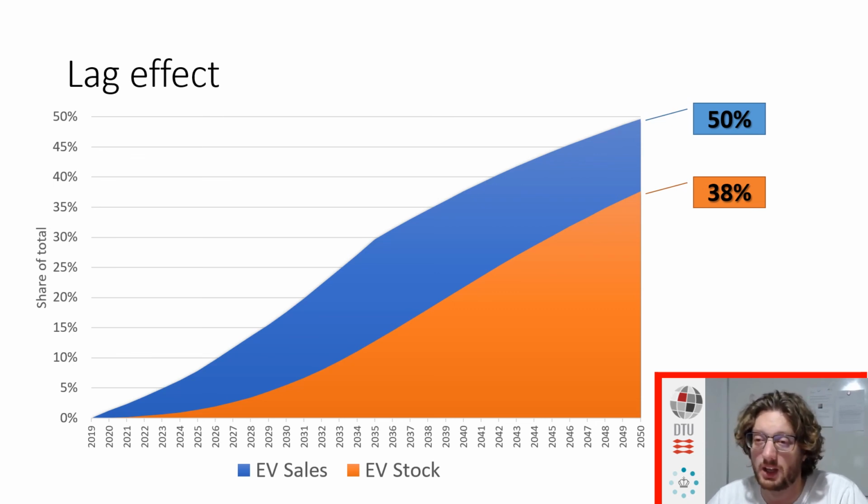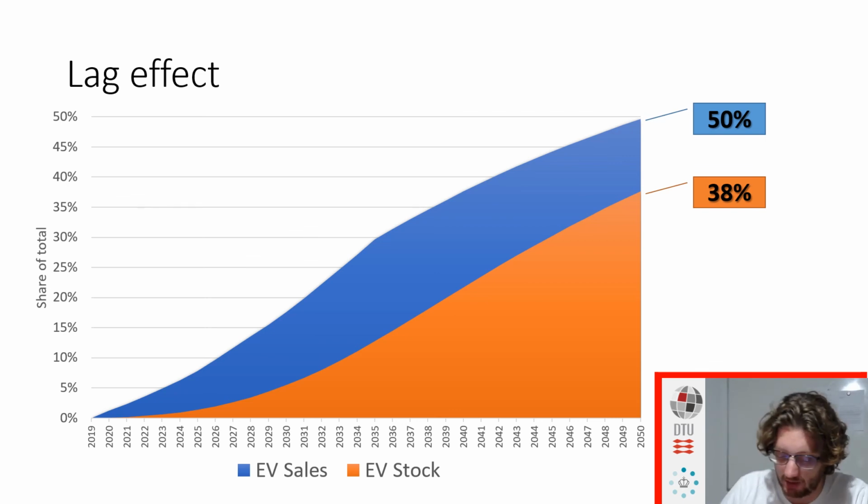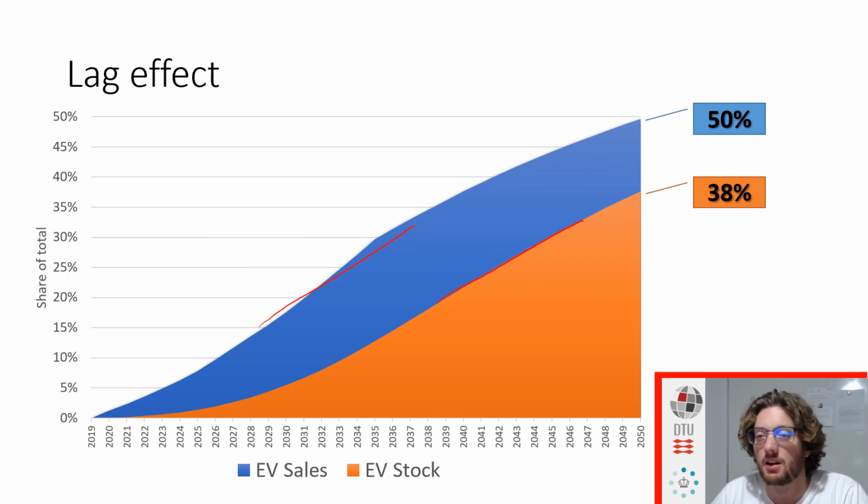Here we have the EV sales and the EV stocks of the same system that I showed, and you can see how they almost have the same trajectory going up, but it's lagging a good 15 years behind. And why is that? Because it takes around 15 years before the majority of vehicles of the other type, in this case gasoline, have exited the system. So lag effect. It's quite pronounced.